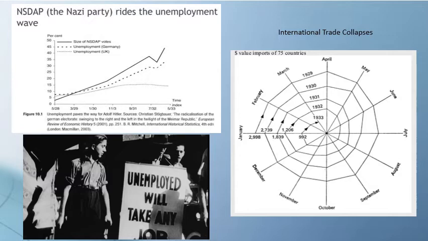There's famines, poverty, everyone's lost their savings, just a horrible time. And these economic pains translate directly into more radical politics. Right? So you can see the Nazi Party here, the rise in their vote corresponds very closely to the rise in unemployment.